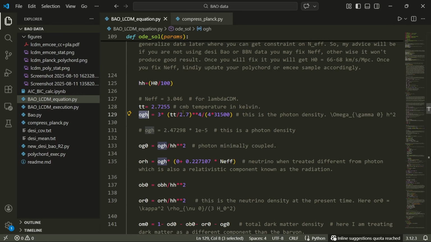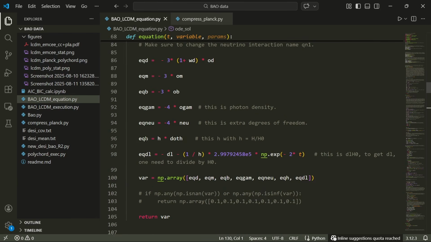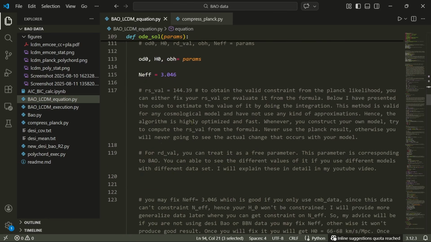Then you can simply vary your N effective, right? So omega gamma h square now is fixed. The initial condition corresponding to your omega gamma h square is fixed from there. Omega neutrino, since N effective I am already providing, I can easily constrain. The initial condition is already provided.